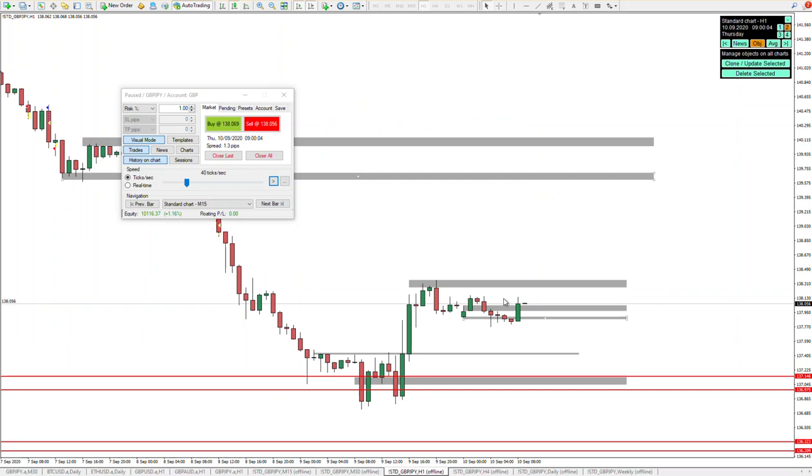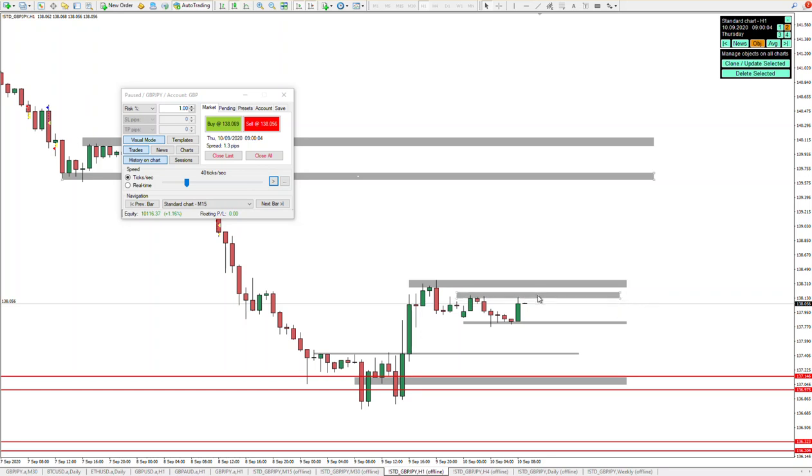For now it is rejecting this resistance. We are just in this range. We are just ranging. This is the new lower support. We are just in this range and we can't do anything.